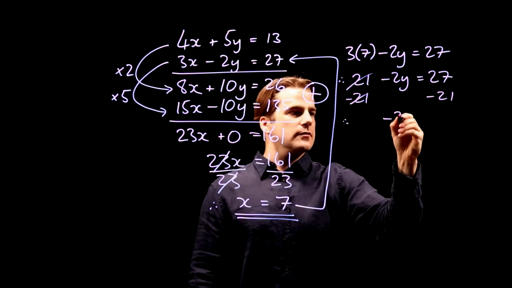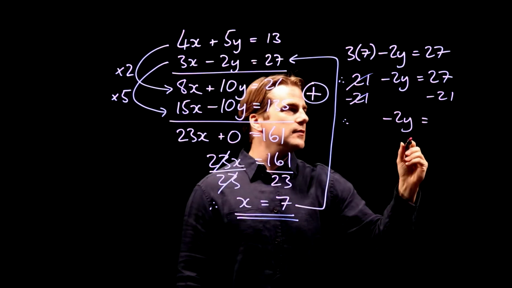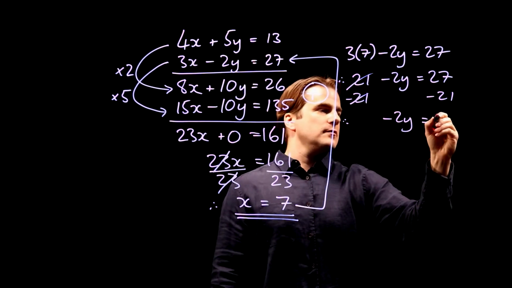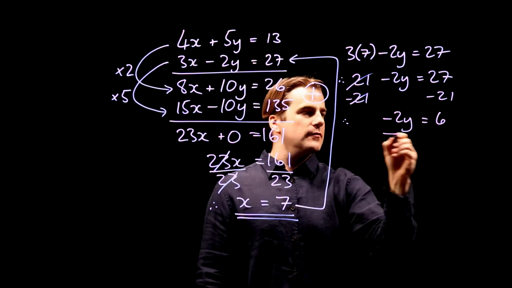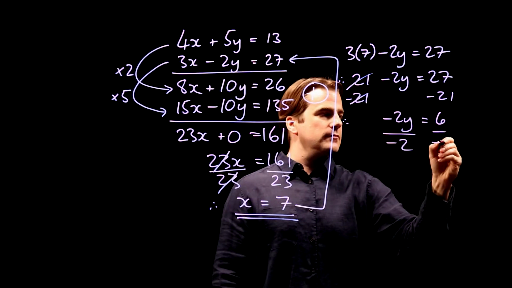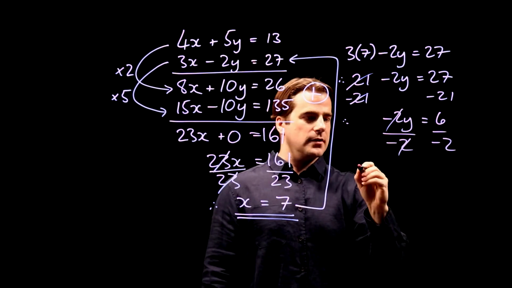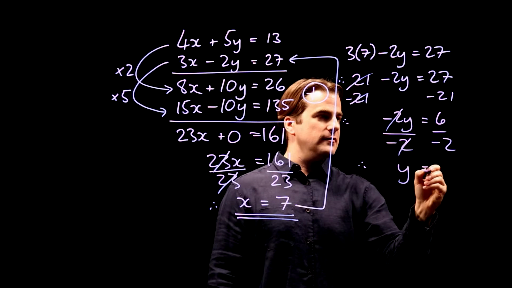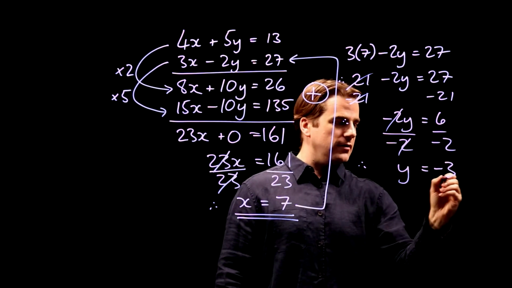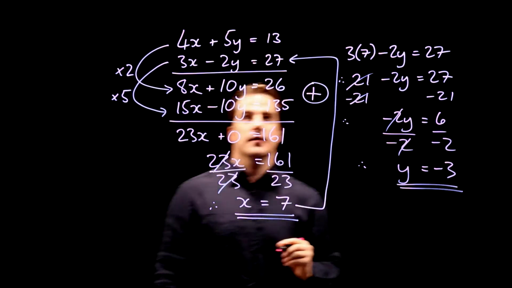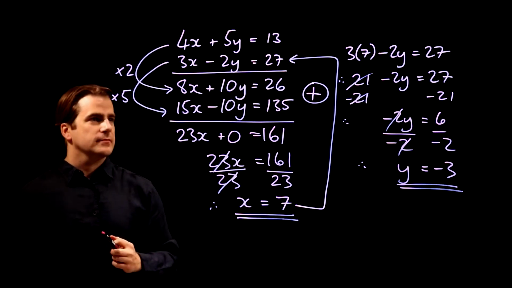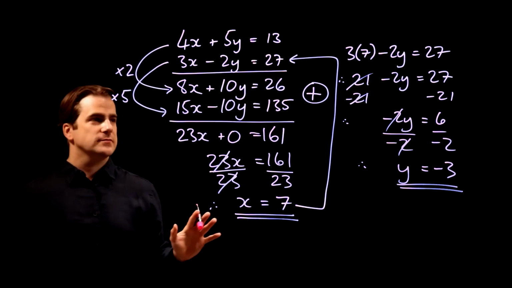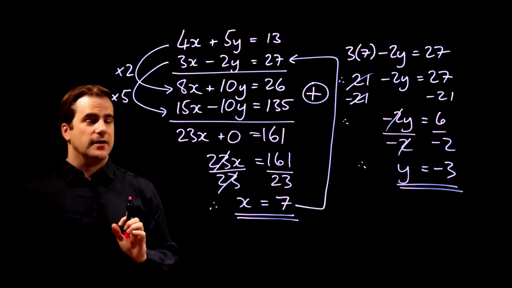Therefore, minus 2y is minus 6. Divide both sides by minus 2. Therefore, y is 6 divided by minus 2, which is minus 3. Hooray! So there we go. That's a complete view of the elimination method.